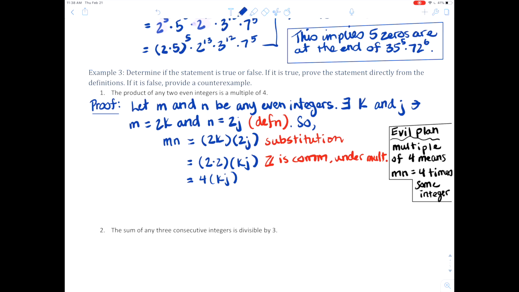What do we need to say now about that product k times j? K times j belongs to the set of integers. Why?